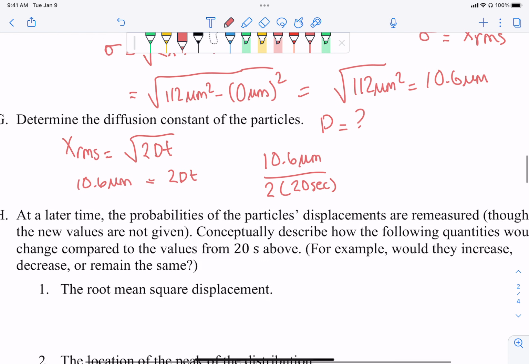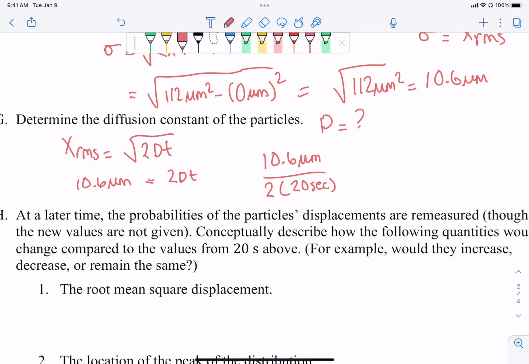Oh, my bad. I meant not micrometers squared, but 10.6 micrometers, and then square that, because we have to get rid of the square root. My mistake. So if we do that, 10.6 squared divided by 2 times 20, what should we get for our diffusion constant?